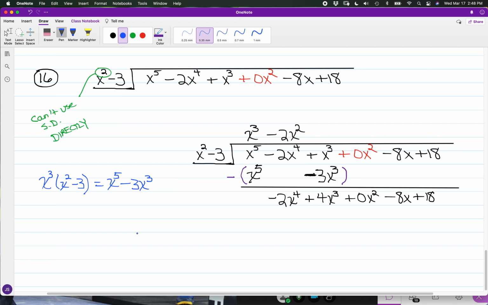If I distribute negative 2x squared over x squared minus 3, we have minus 2x to the 4th and plus 6x squared. Just lining up, you have negative 2x to the 4th and then plus 6x squared, so pay attention to the degree here.